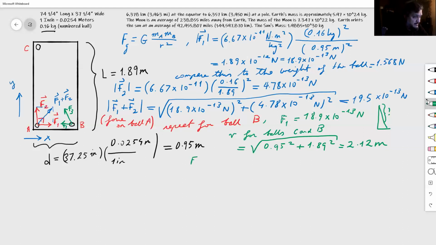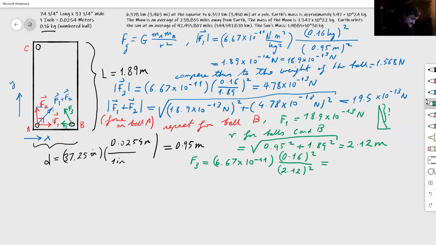All right, so what is F3? F3 will be 6.67 times 10 to the negative 11, not writing units to save time, and 0.16 squared divided by 2.12 squared.